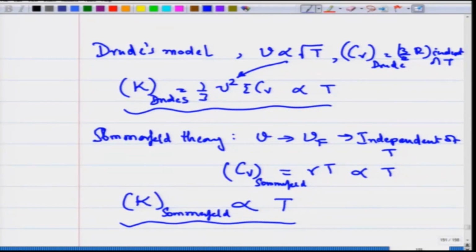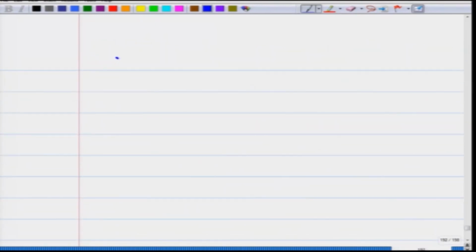Now, if you look at the kappa, it is 1 by 3.